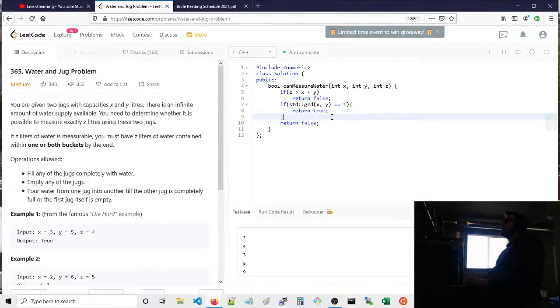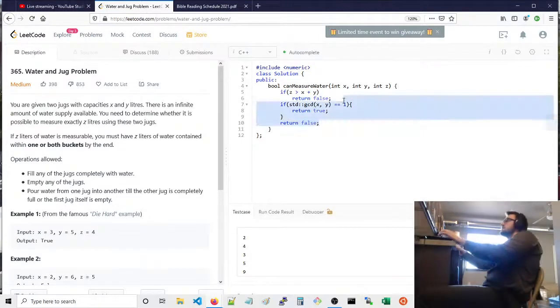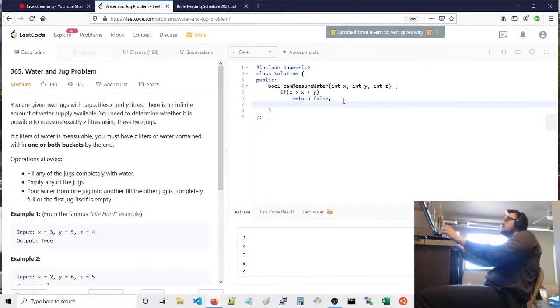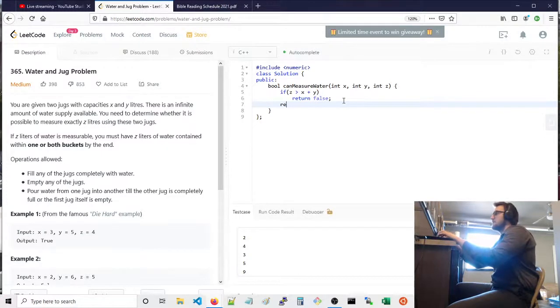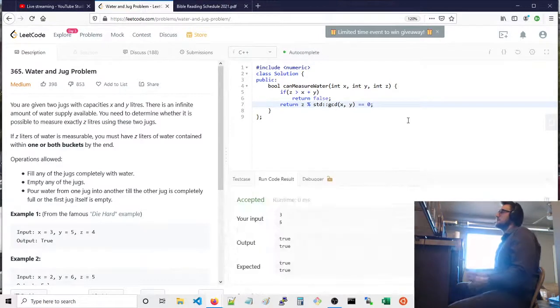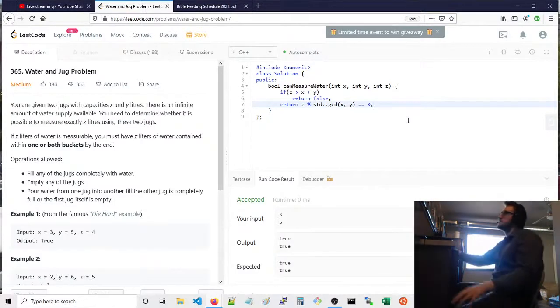And basically what you're going to say is, is Z modulo this GCD, is Z a multiple of that GCD? I believe that's the answer.